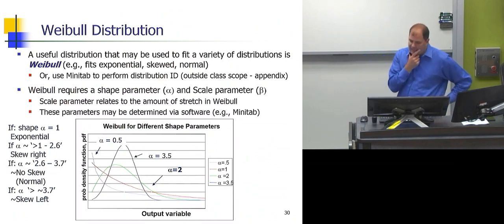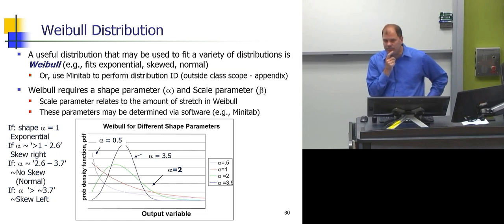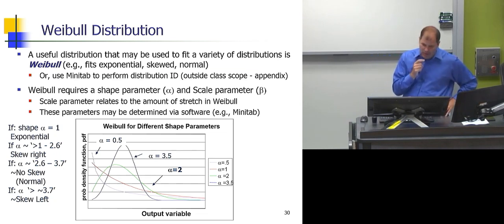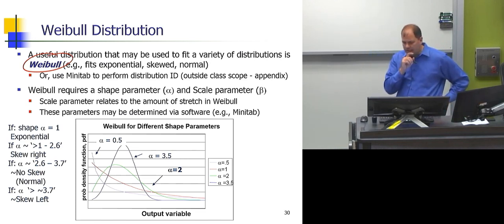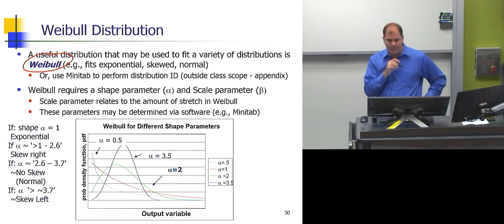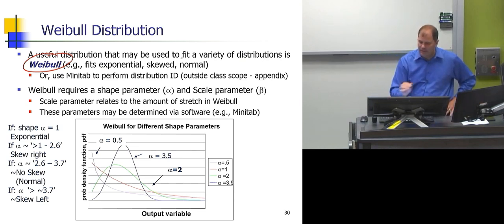All right. As a brief review, hopefully you've had some exposure to distributions. If you haven't, let's at least go through the Weibull. A Weibull distribution is very popular because it can fit a variety of distributions by changing the shape parameter.